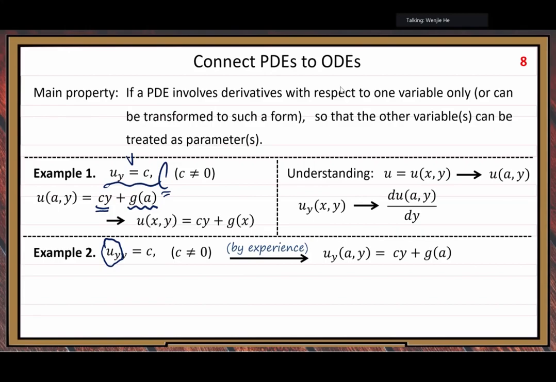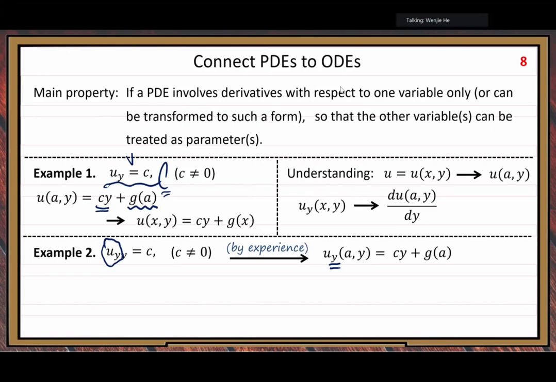But here there is a partial y, so you need to do another inverse operation to remove that partial derivative. So the next round, antiderivative.